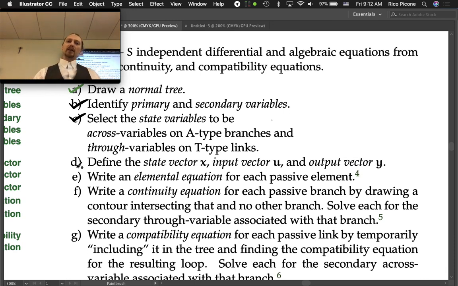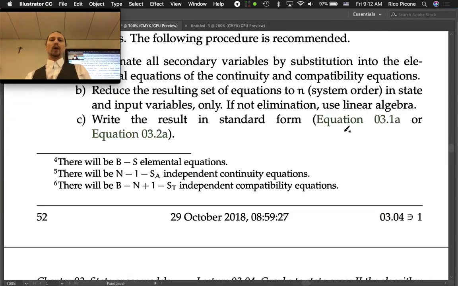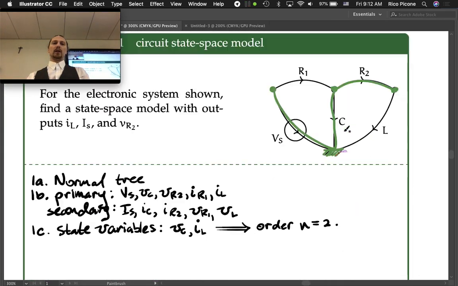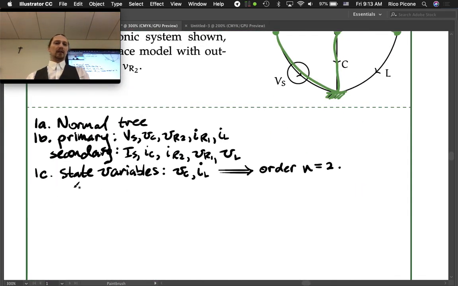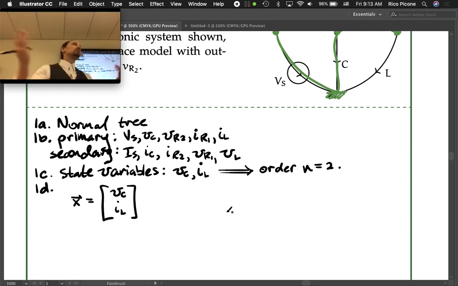Define the state vector. So D is to define the state vector x, input vector u, and output vector y. So 1D, state vector x is equal to, we'll make VC the first one and IL the second one. But we could have chosen the opposite order. It's arbitrary.